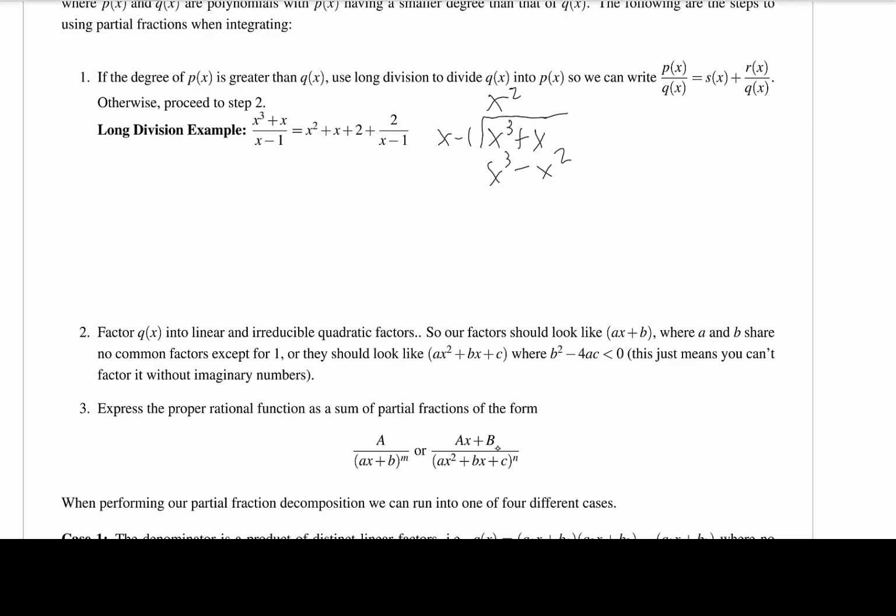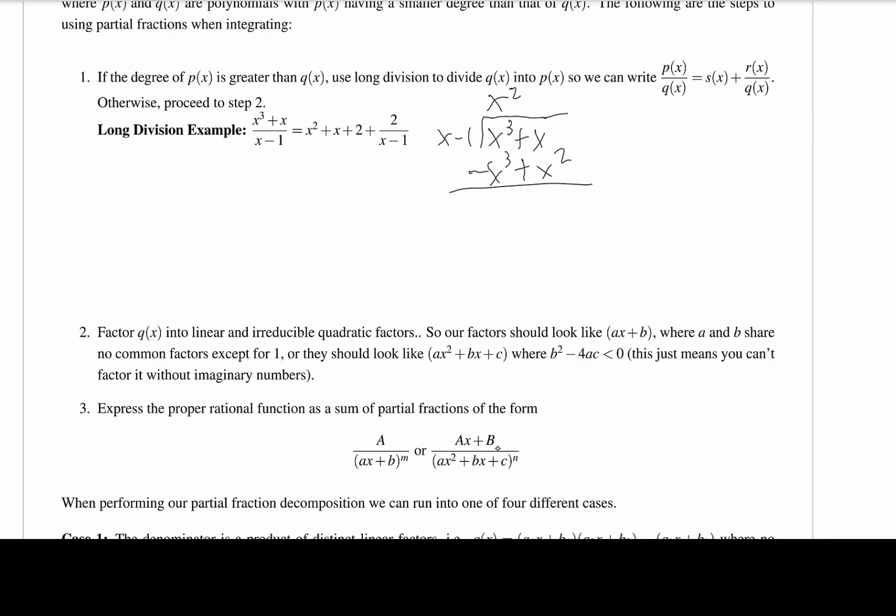minus x squared. Now what I'm going to do is flip the signs on everything that I've written in this row. So this is a positive x cubed, we'll make it into a negative x cubed. This is a negative x squared, we'll make it into a positive x squared. Now we can go ahead and add these two rows together.